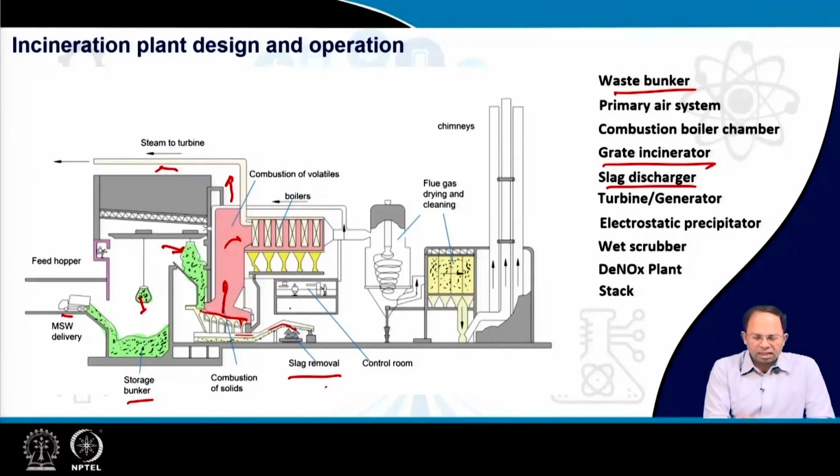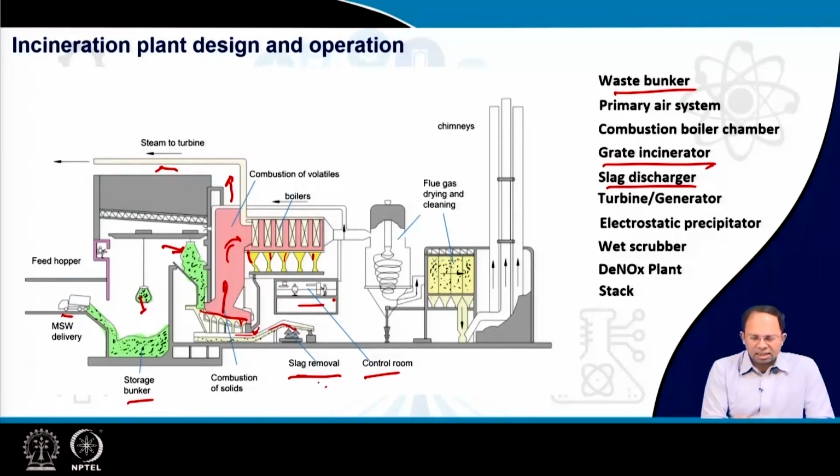Over here you can see the controlling operations of the plant, where plant operators can control it. The flue gas contains a lot of dust and ash particles, and those are captured. These are precipitated over here, and this goes back over here from where it is removed.